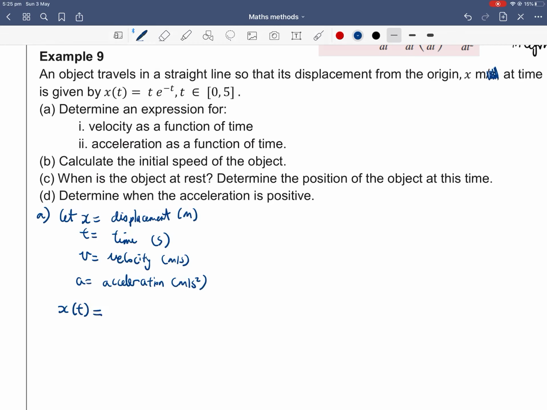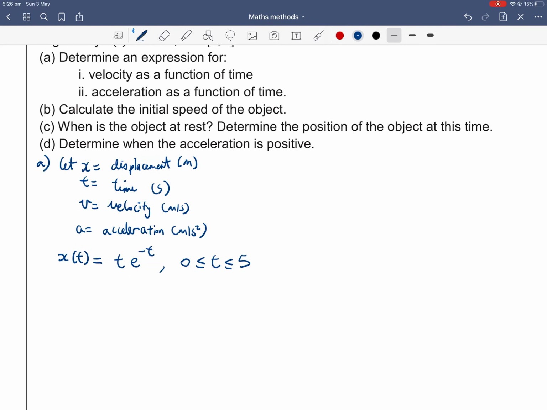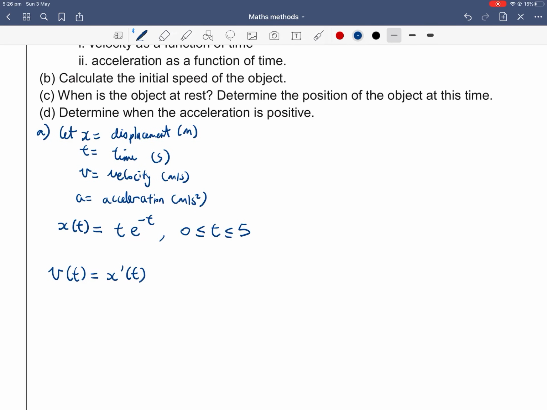So what are we told? We're told that the displacement as a function of time is t e to the negative t, where the domain for time is from 0 to 5 inclusive. If we want to work out velocity, well, velocity is the first derivative of displacement.